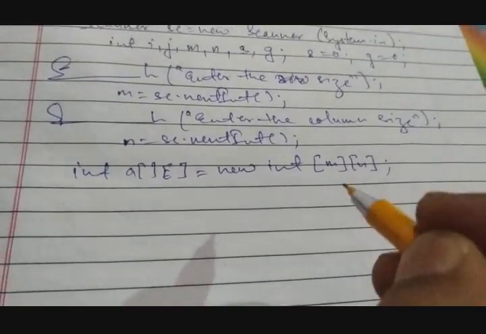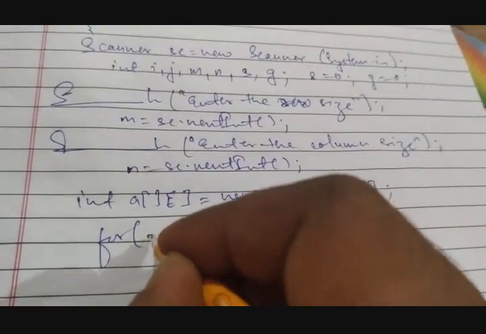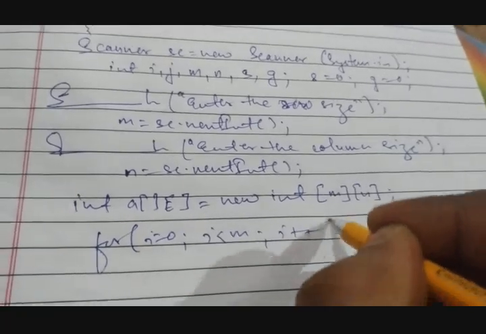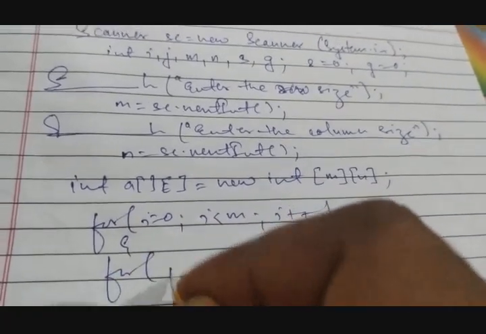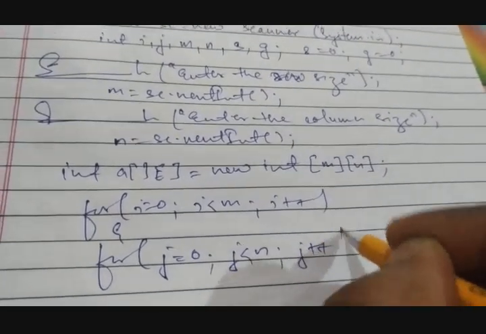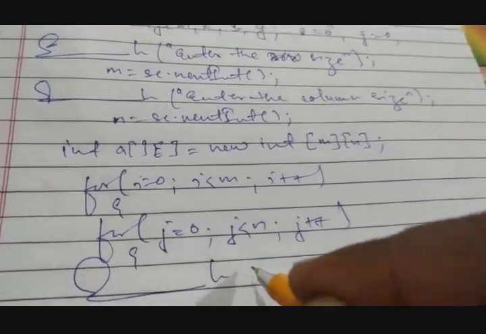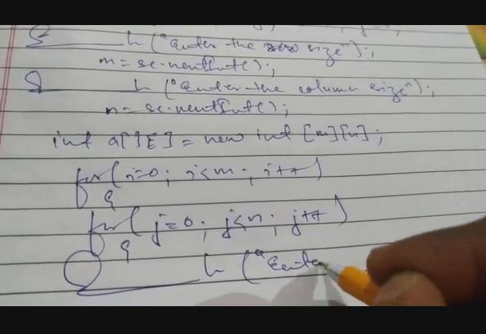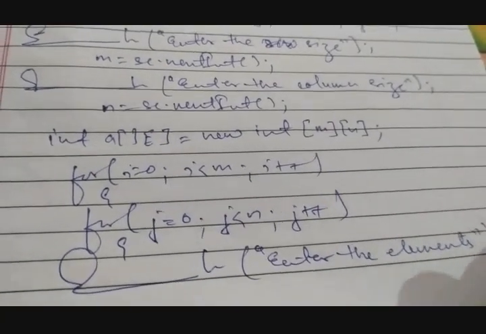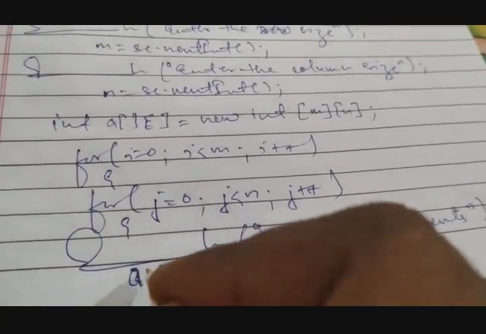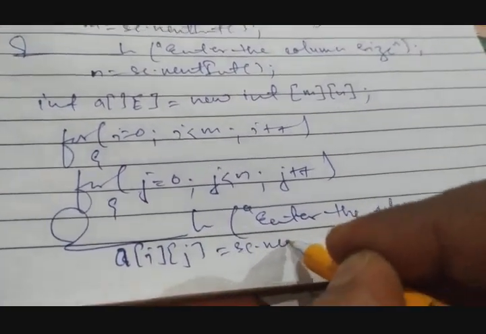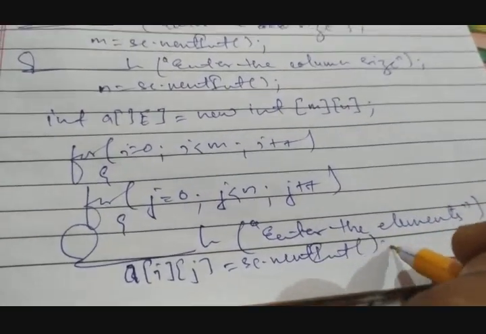Now element entry is required: for i equals 0, i less than m, i plus plus, for j equals 0, j less than n, j plus plus. Enter the elements. a[i][j] equals sc.nextInt method.